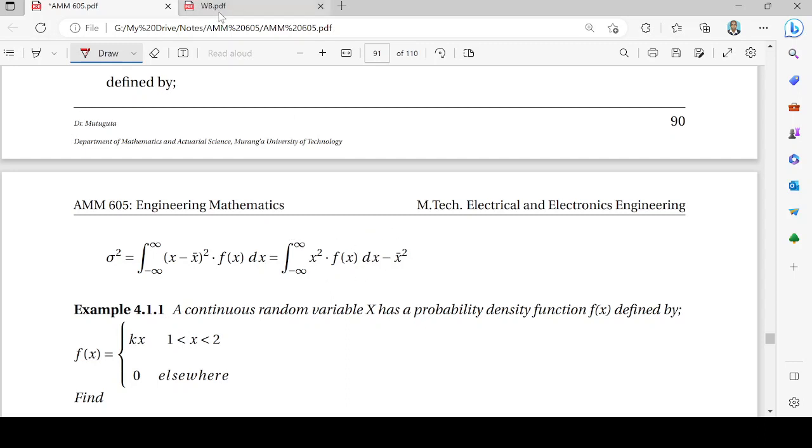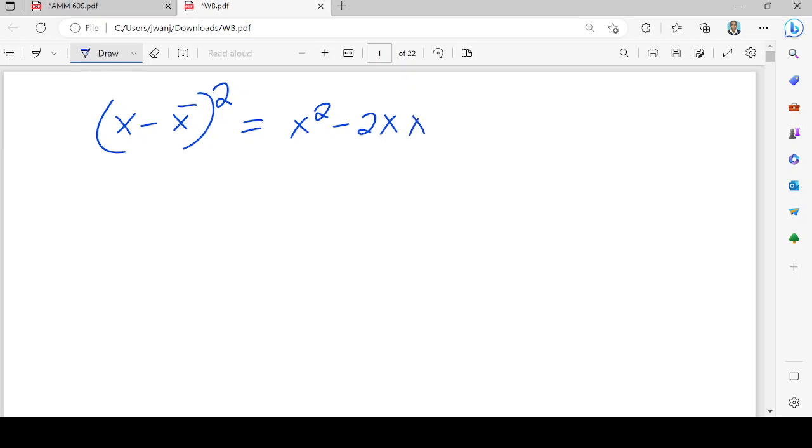It is important to note that when we write (x minus x bar) squared, we can expand this and write x squared minus 2x x bar plus x bar squared.